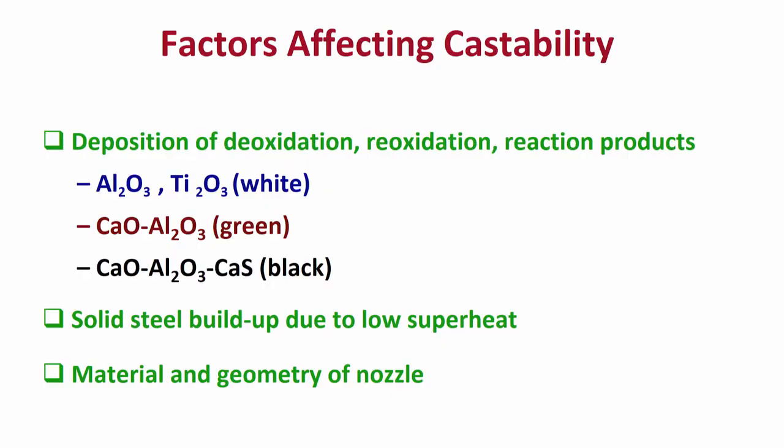Next I have talked about the castability problems, why they happen, what the problem is, like the deposition of deoxidation products or reoxidation products or reaction products at the port of the nozzles, which create problems. They have different colors, so we can know how they look even if you do not analyze them.